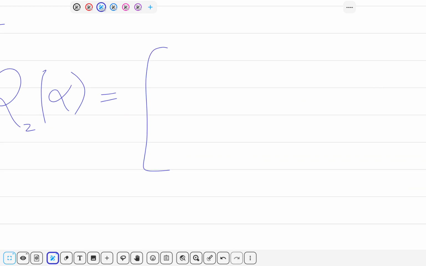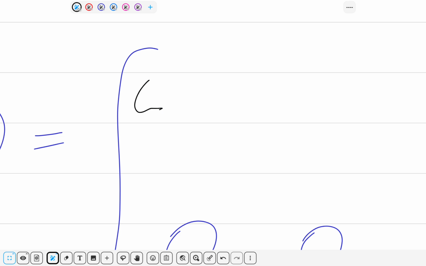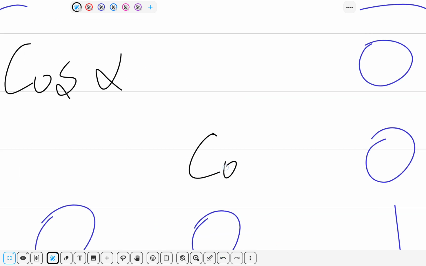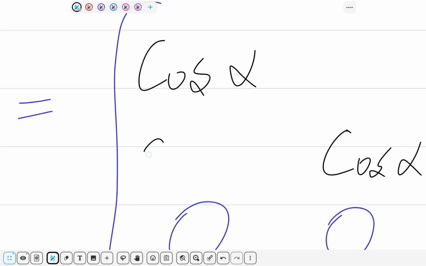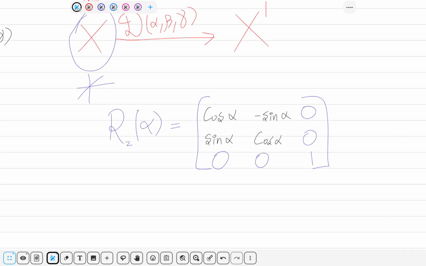This matrix looks something like this, if you have seen. Okay. Cos alpha, cos alpha, sin alpha, and minus sin alpha. Fine.